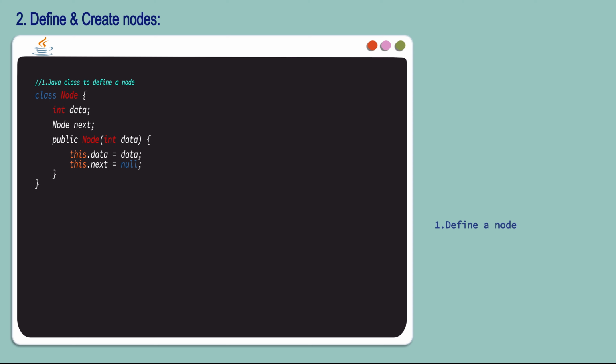And we have a Java constructor here, that is Node, which takes data as an argument. Whenever we create a node, we use this constructor to pass the value.